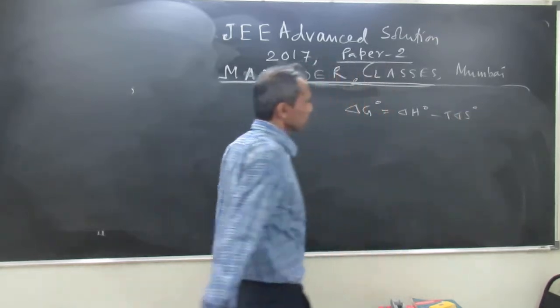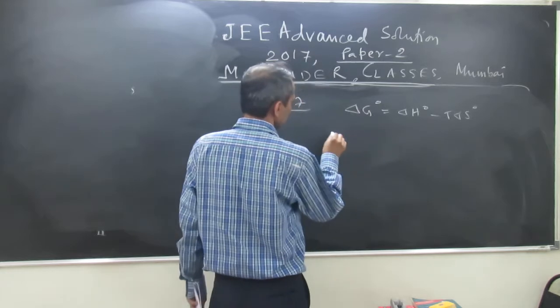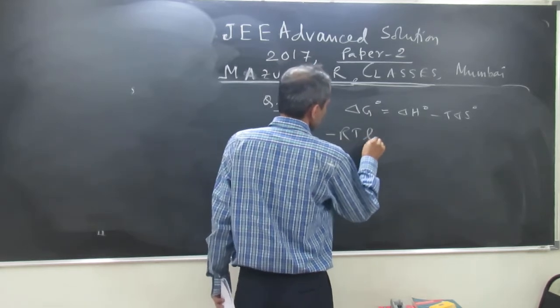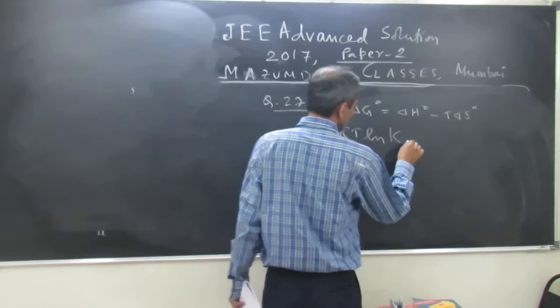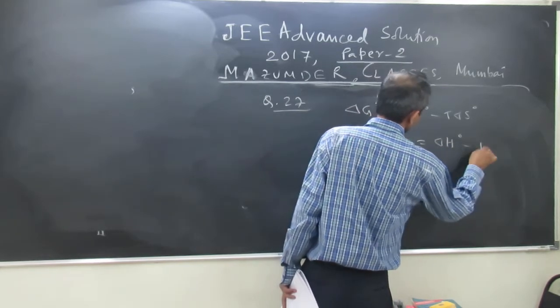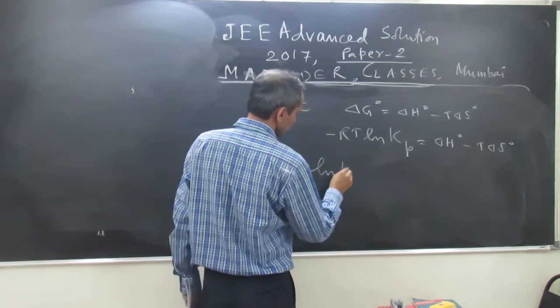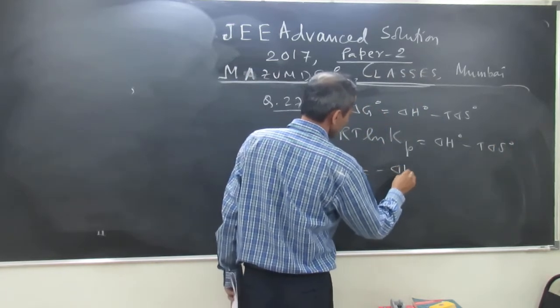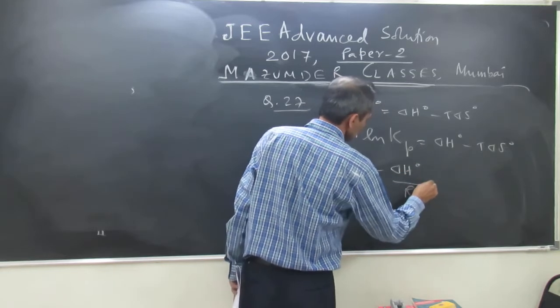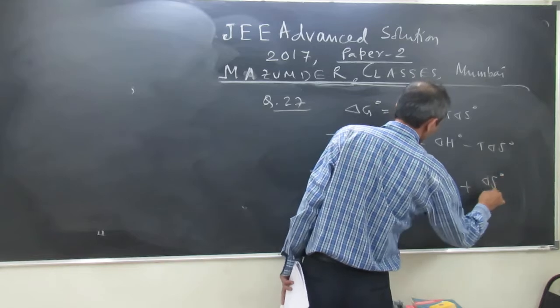Just come from the basics for this particular equation. Now we know that delta G naught equals minus RT ln Kp. So obviously what we get is ln Kp equals minus delta H naught by R into 1 by T plus delta S naught by R.